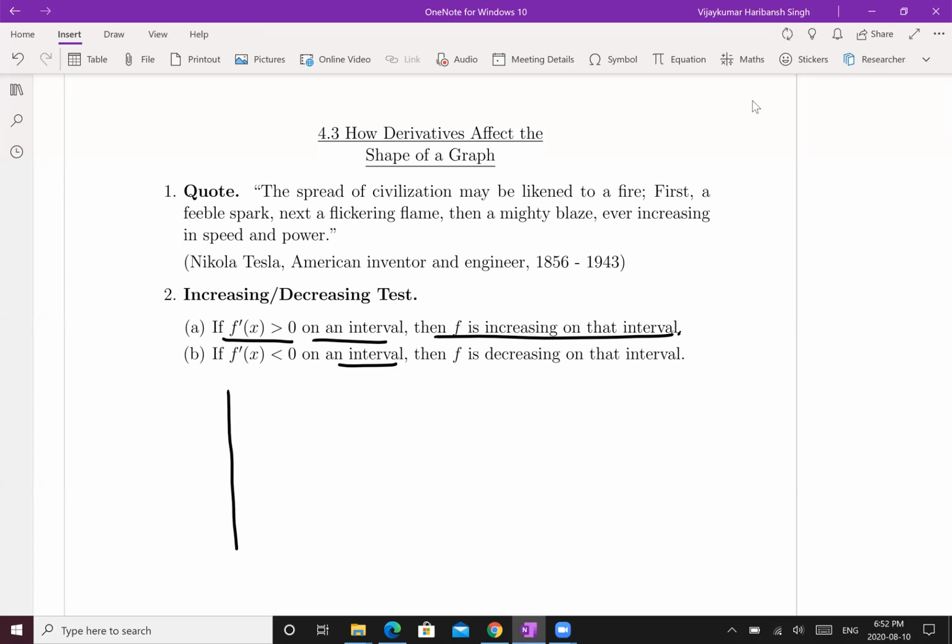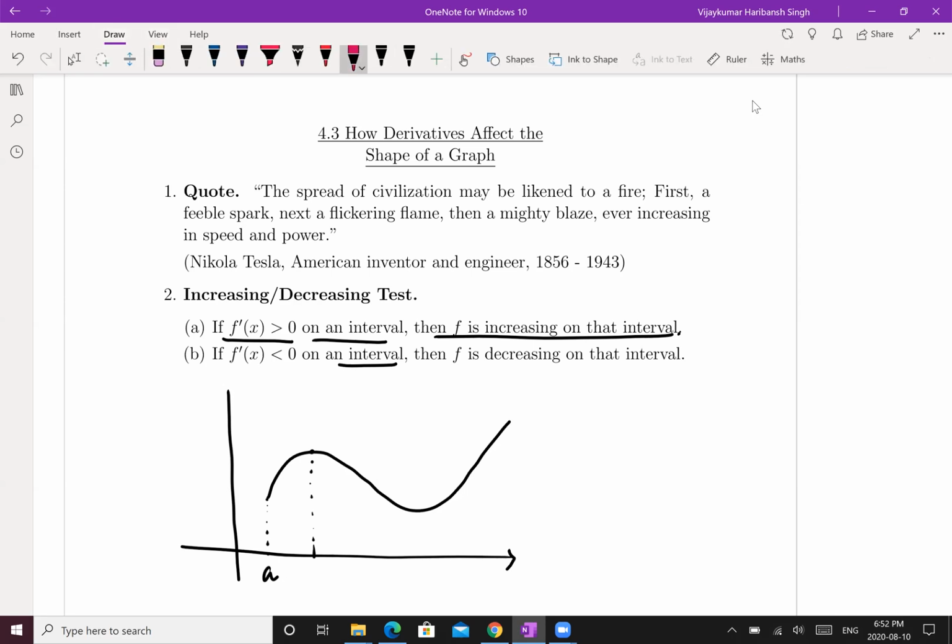So suppose you have a function. In this case, from here to here, f prime x is greater than 0. Now from here to here, f prime x is less than 0.